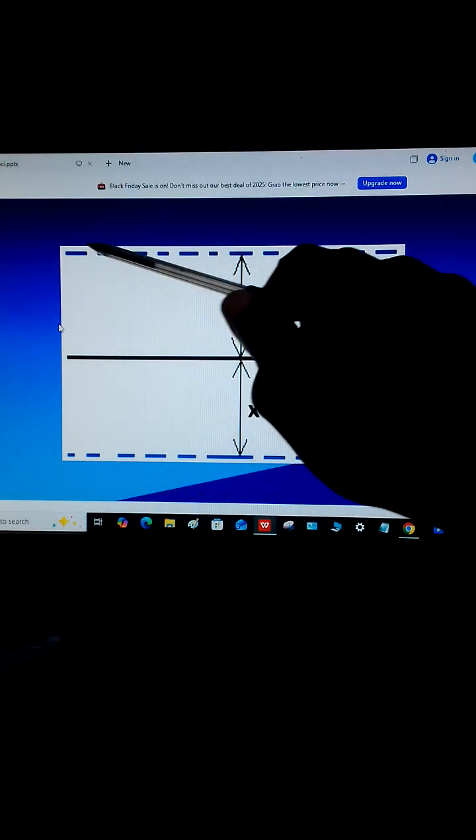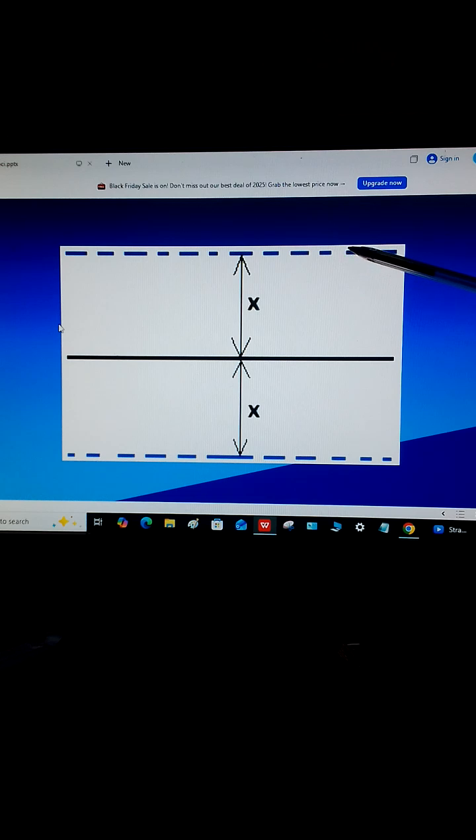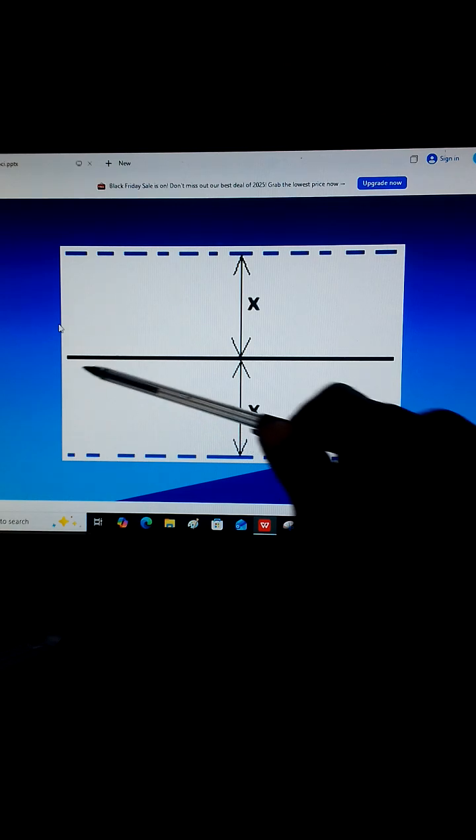This line and this line, at a fixed distance x from the line. So this pair of parallel lines is the locus of points which are equidistant from this fixed line.